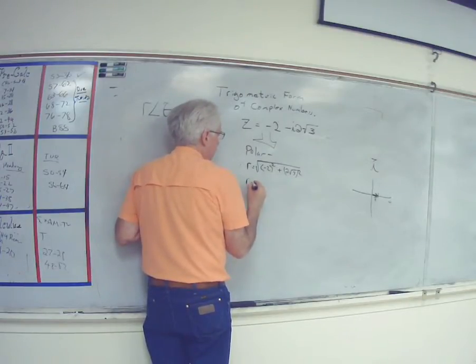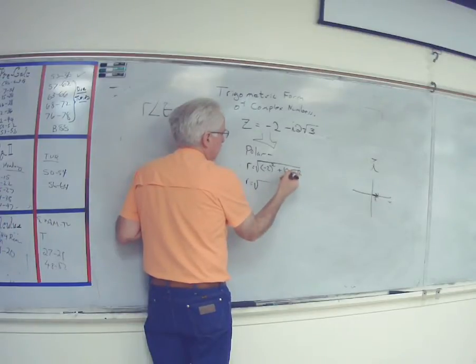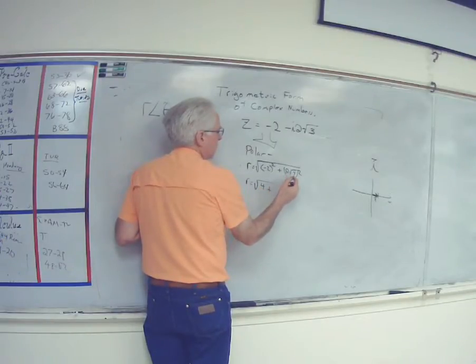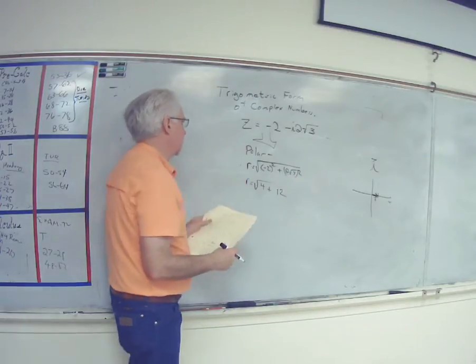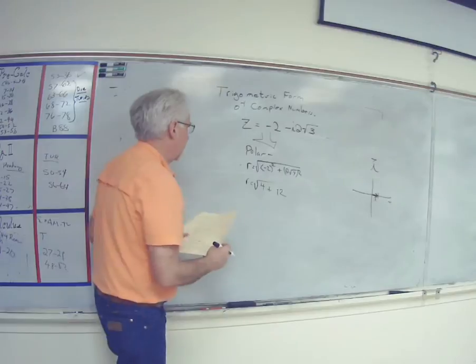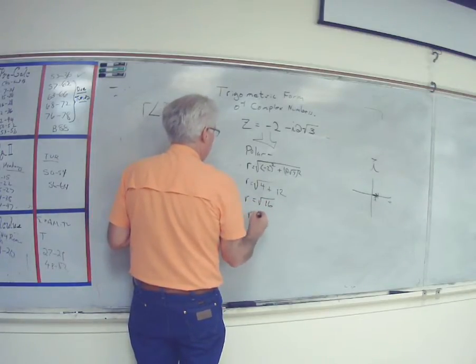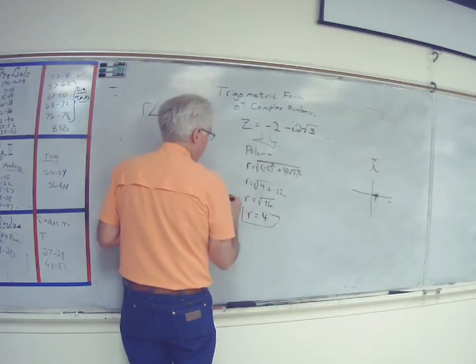So it would be negative 2 and 2 on the square root of 3, and then that squared, the negative is going to go away. So this is 4, plus 2 on the square root of 3 squared is 12, and therefore r is equal to the square root of 16. Therefore r is equal to what? 4. Is that good?